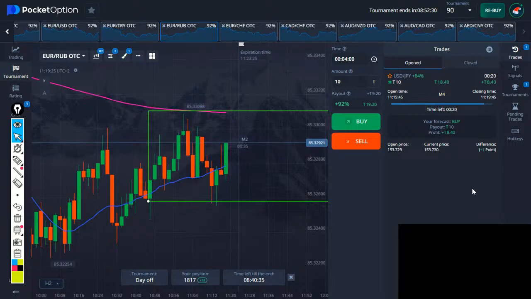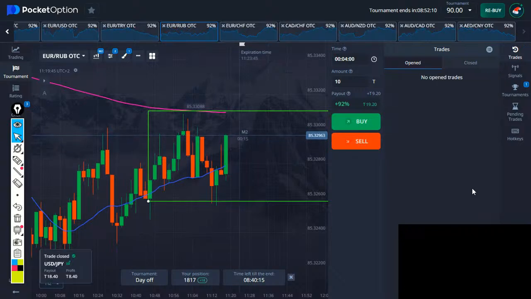Let's see. We have a strong candle forming over here. 10 seconds left on the USD Japanese trade we took. This is a win. This is a guaranteed win on the USD Japanese. Come on.